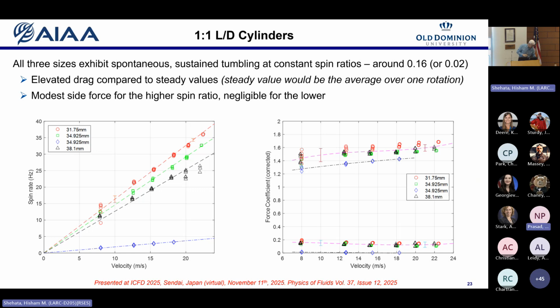Spin rate versus tunnel speed: you can tell that once it's locked in, that ratio stays pretty much the same. Those lines are pretty much straight. The dimensionless frequency is then roughly the same for all different sizes. Slight asterisk on wall interference corrections there.